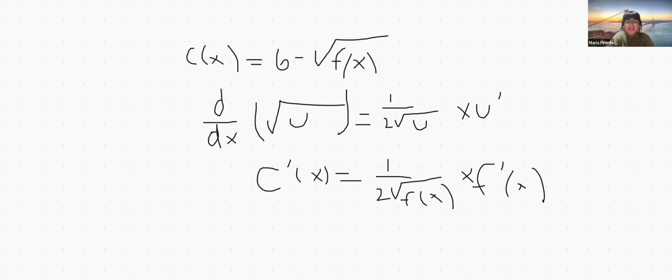Now we're going to simplify this, and this changes to c prime of x equals negative f prime of x over two square root f of x.